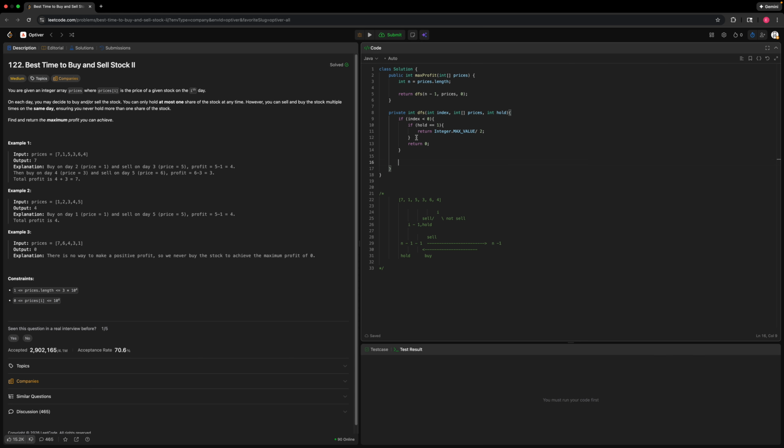Yeah, that is the base case, right? And then we have the two options. If the hold is equal to 1, we have two options, which means not 0. Return the maximum.